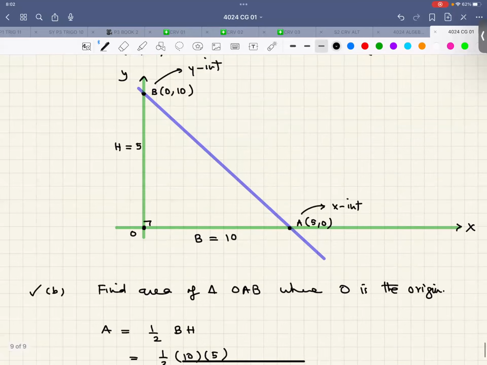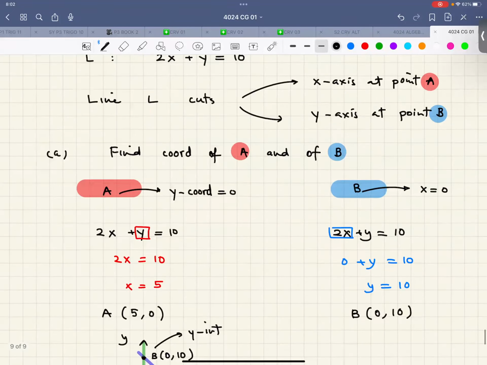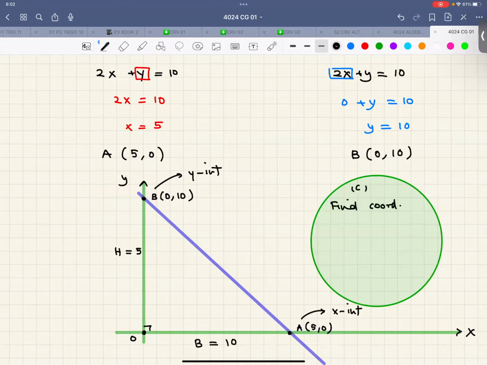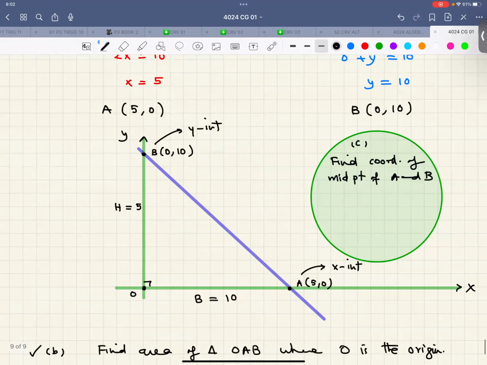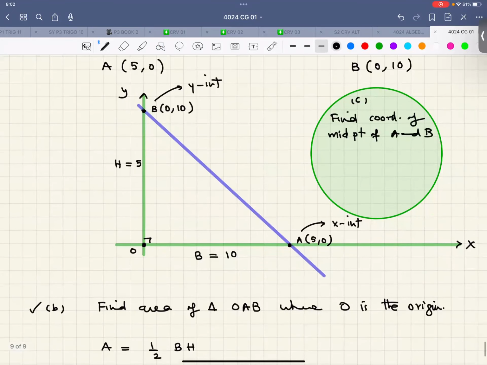And maybe they can ask one other point. Let me write it over here. Let me draw a box, and that will be the last point for today. Find the coordinates of the midpoint of A and B. So A is (5, 0) and B is (0, 10).